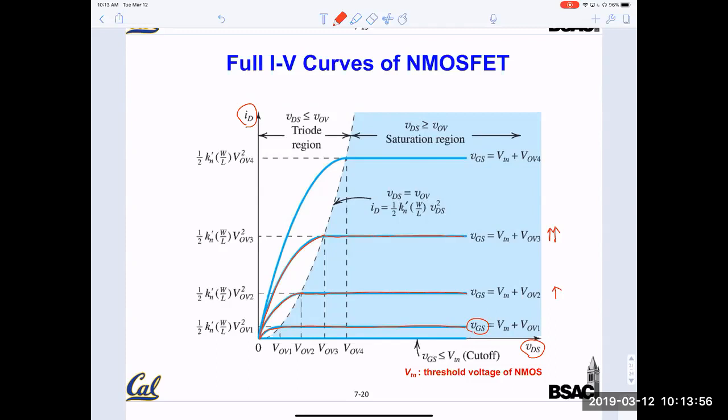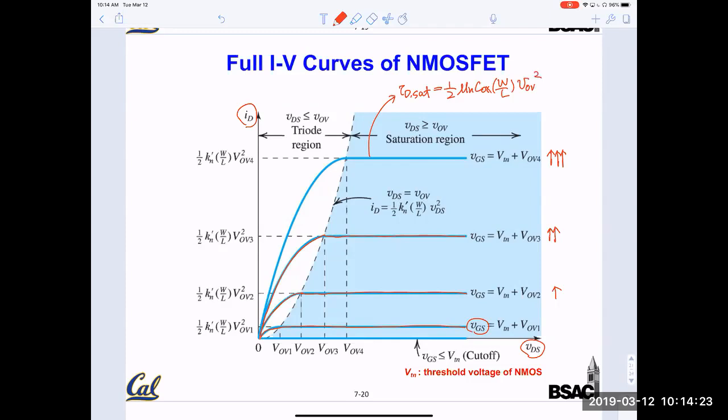Note that the current becomes higher and higher in ID sat. And if you check the expression, in the saturation regime ID sat is equal to 1/2 mu n Cox W over L, and then V overdrive square.